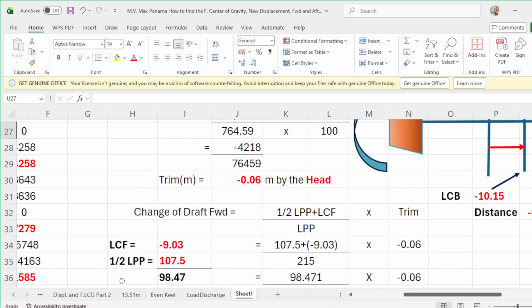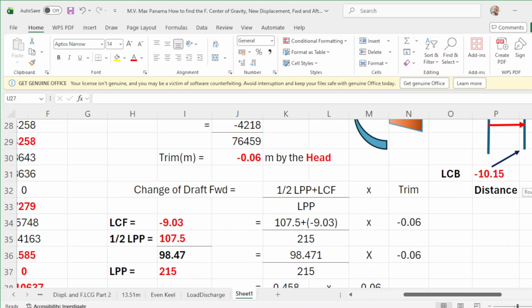Your 1/2 LPP is 105.5. What is 1/2 of your LPP, which is 215? What is 1/2 of 215? That will be 107.5. And your LPP is 215. Transposing the formula, 1/2 of LPP is 107.5 plus your LCF of negative 9.03.